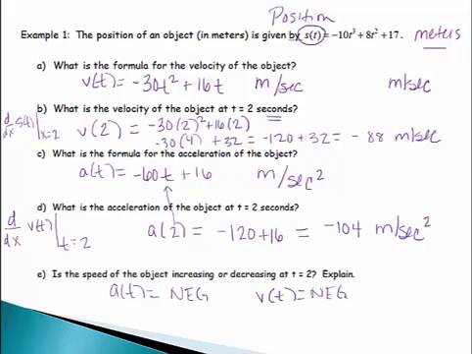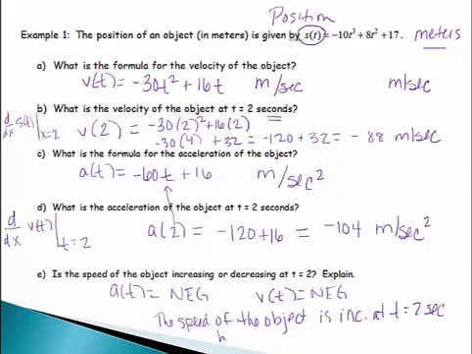And since those are both the same sign, I would say that the speed of the object is increasing at time equals 2 seconds, because velocity at 2 seconds and acceleration at 2 seconds were both negative, or you could say both the same signs.